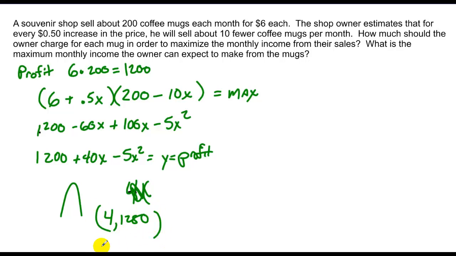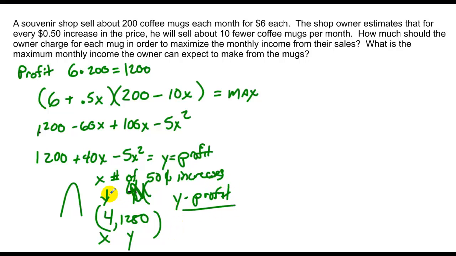So what this says with our x and y, 4 talks about the x value, right? And that's the number of 50-cent increases. Y in this case is the profit.